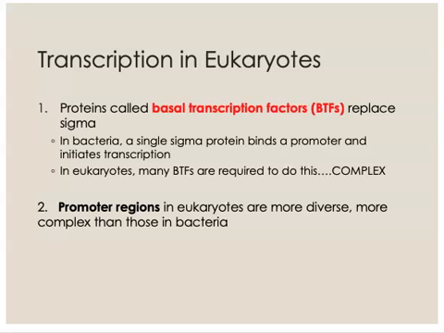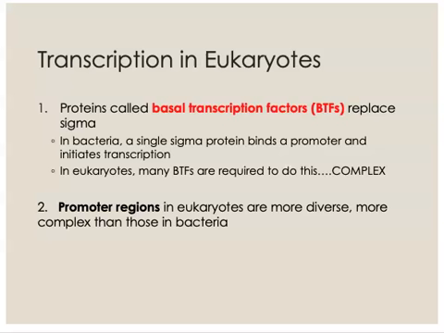In eukaryotic cells, there are many basal transcription factors. It's a more complex process in eukaryotic cells. Something else to note is that the promoters in genes in eukaryotes are more diverse.